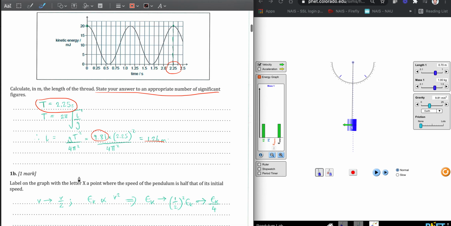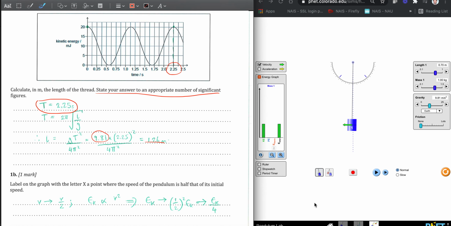Okay, and I've tried a little bit of working here to show you the way we think about it. If we're going from v to v over 2, we know that kinetic energy is proportional to v squared. Well, if the speed is halving, then the kinetic energy is being reduced by a factor of 4. So we started at 20 millijoules.